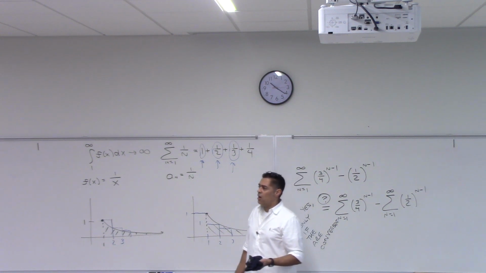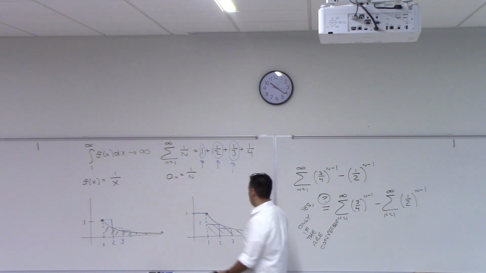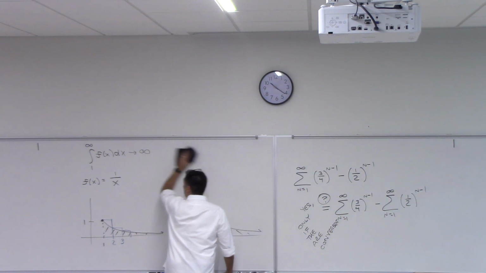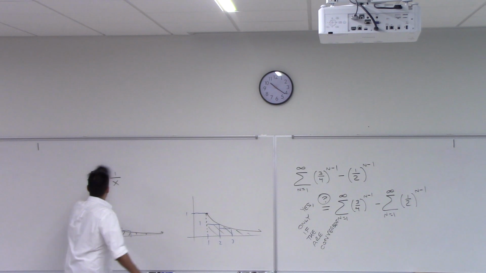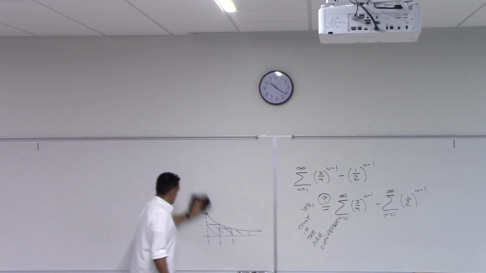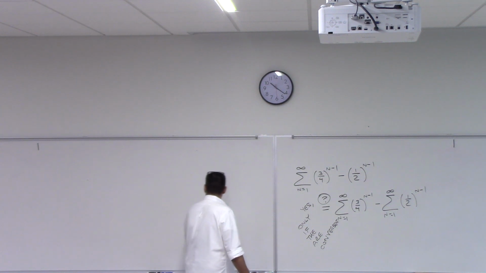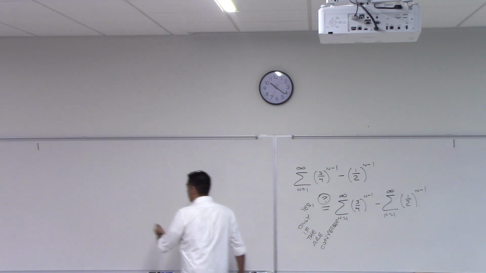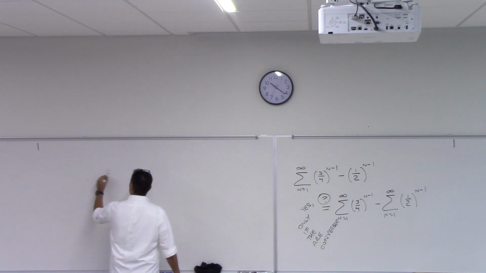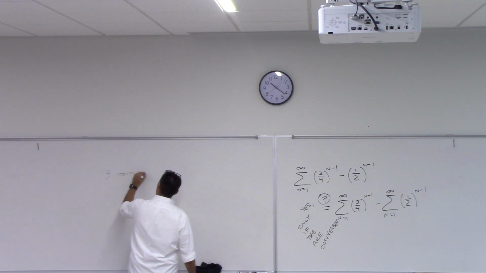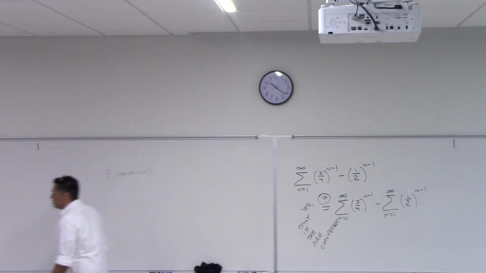The conditions are written down on your formula sheet. You can only do this test if your function is, what does it say on your sheet? There are conditions for the integral test. Your function f must be continuous. Must be continuous. What else?